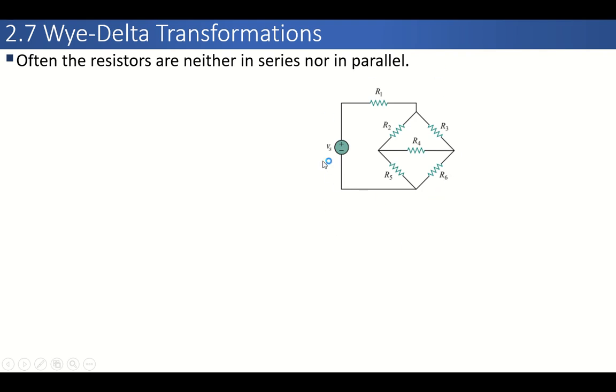We have source voltage Vs, and resistances R1, R2, R3, R4, R5, and R6. None of the resistances is in series with any other resistance, and also none is in parallel with any of the other resistances.